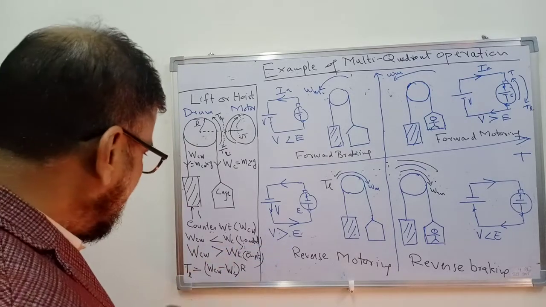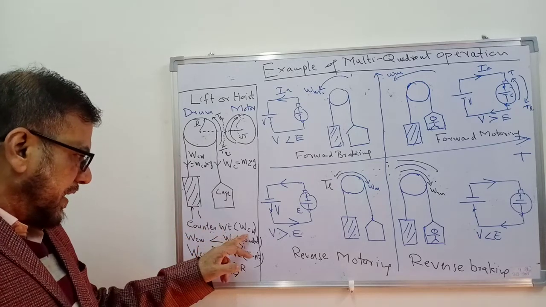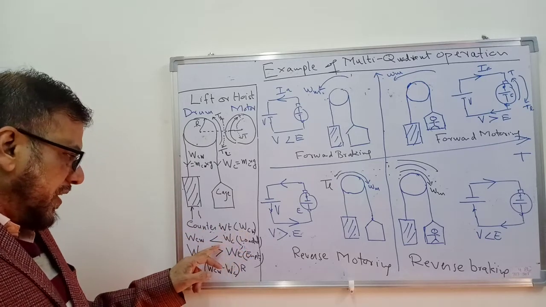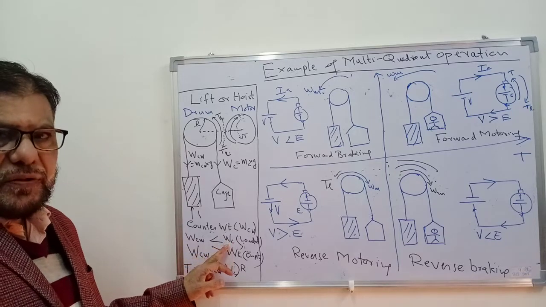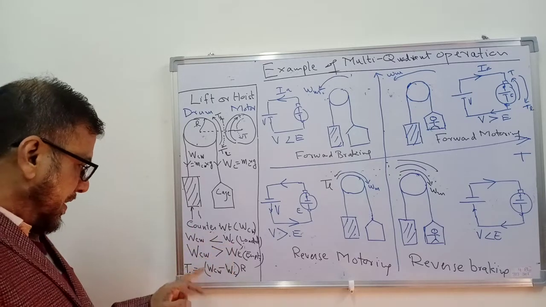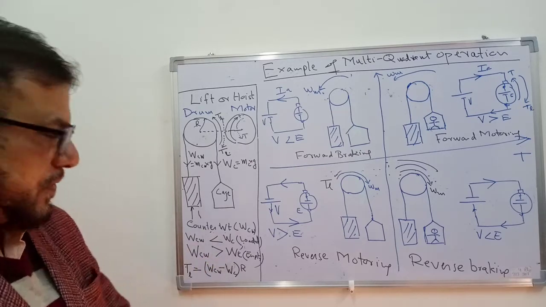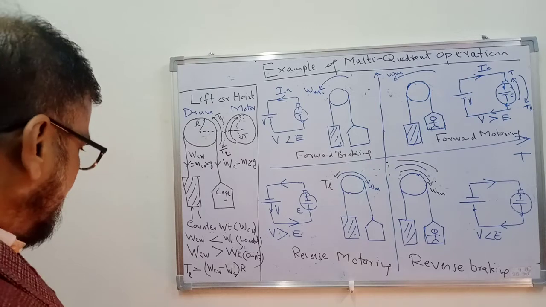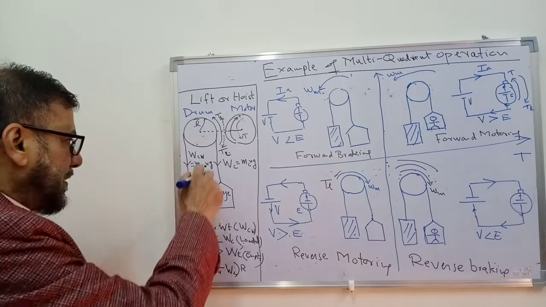It is so designed that the counterweight, that is WCW, is less than the weight of the loaded cage, and the counterweight is more than the empty cage.